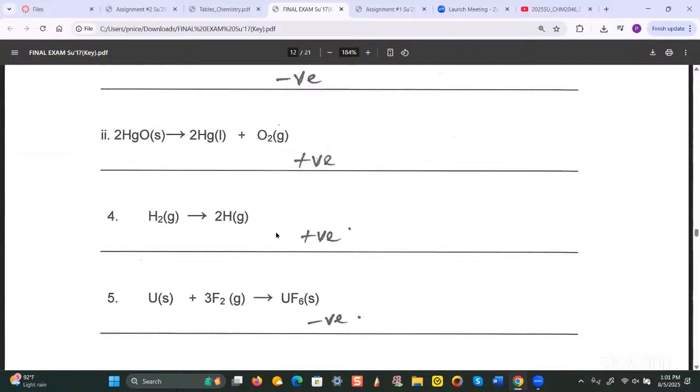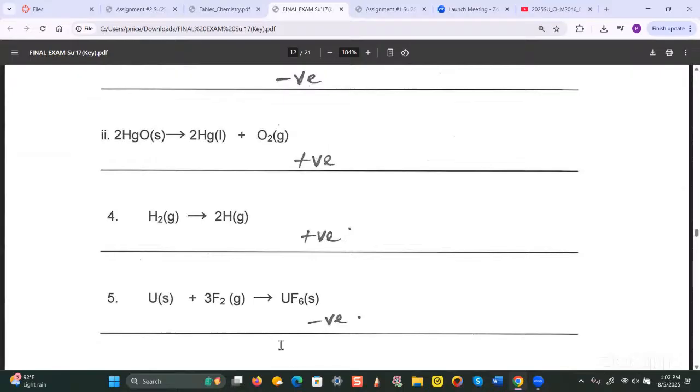And then in this case here, all we have is a molecule of hydrogen reacting to form 2 hydrogen atoms, right? So in this case here, you have basically 1 mole of gas on this side compared to 2 moles of gas on that side. So therefore, the entropy increases. So therefore, delta S is positive.